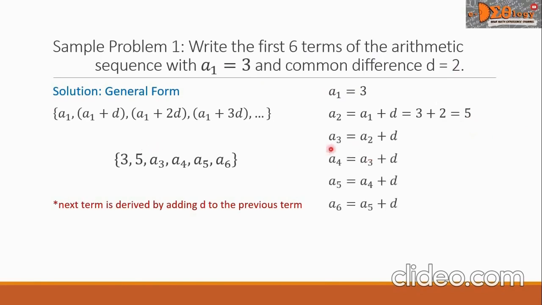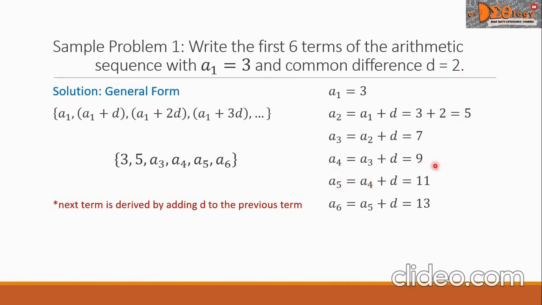So for a sub 3, that is equal to a sub 2 plus d, and a sub 4 equals a sub 3 plus d, a sub 5 equals a sub 4 plus d, and a sub 6 equals a sub 5 plus d. So we have this a sub 3, which is a sub 2 plus d, is equal to 7. And for a sub 4, that is 7 plus 2, which is 9.